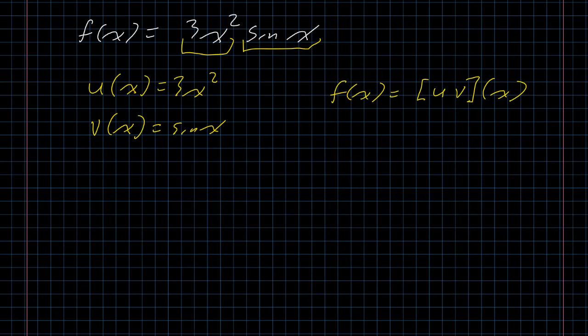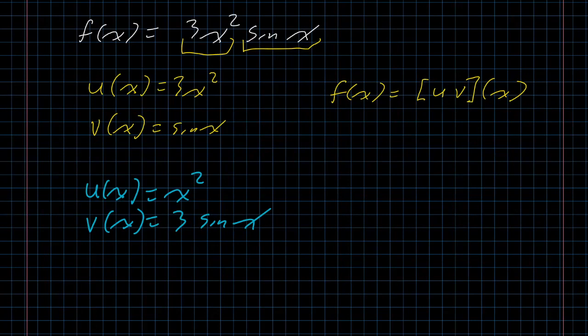When I teach this face-to-face, I almost always have someone at this point interrupt me and say, well, why couldn't you have done that u of x is equal to x squared and v of x is equal to 3 times the sine of x? The answer is you absolutely could. This is equally valid. You can do it this way. You can do it this way. And either way will give you something to work with.